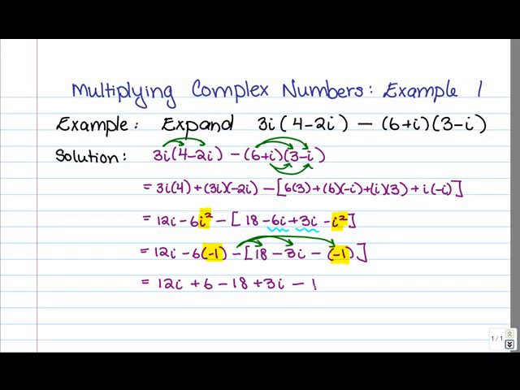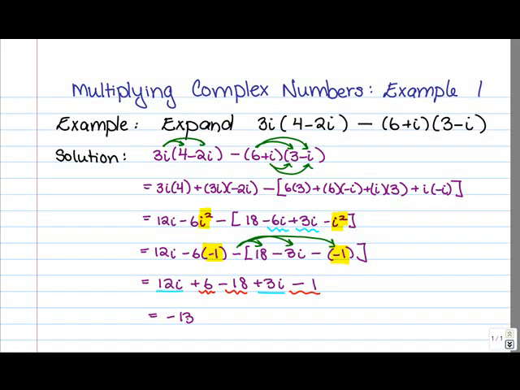Finally, we want to combine the real terms together and the imaginary terms together. The real terms are the 6, the -18, and the -1, whereas the imaginary terms are the 12i and the 3i. So combining the real terms, the ones underlined in red, 6 minus 18 minus 1 is going to give us -13 as the real component of our complex number.